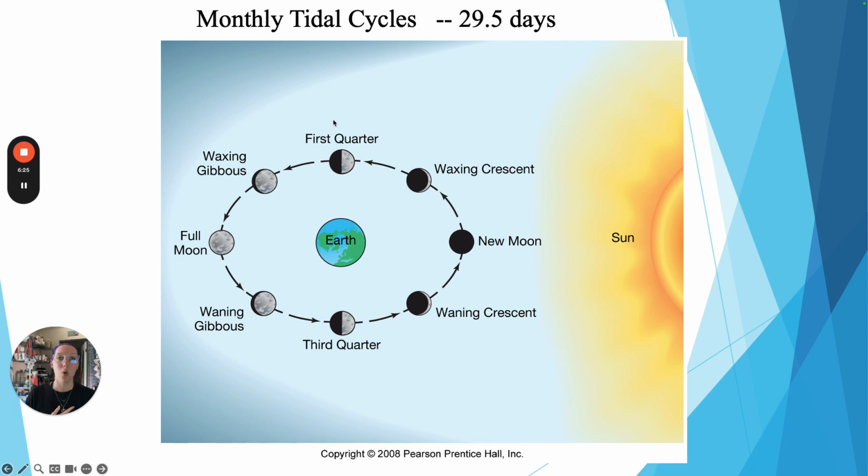Then when we're on the quarters, that is what we call a neap tide. That's a little bit in the middle, if that makes more sense. So when they're working together, it's called spring tide. When they're opposing each other, it's called neap tide. And there's sort of an in-between moment as well.